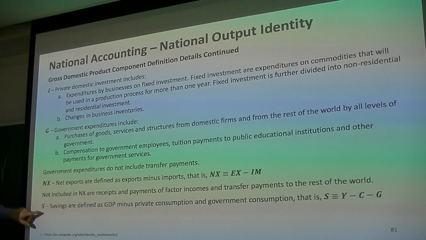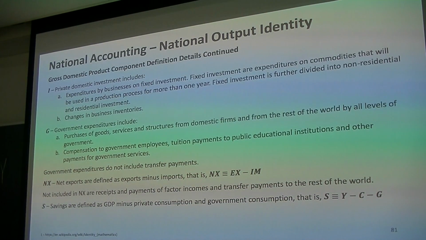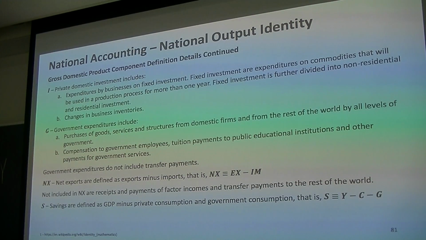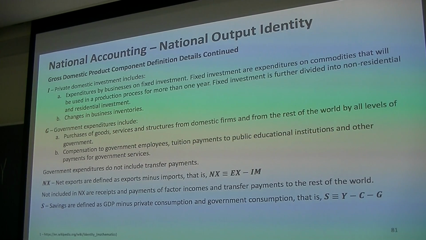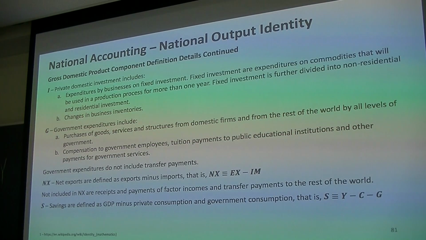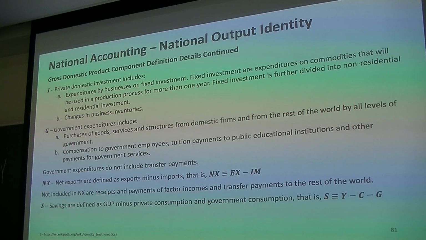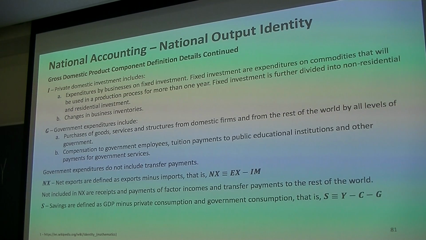Savings are defined as GDP minus private consumption minus government consumption. Again, it's an identity. It's output minus private consumption minus government consumption, so what's left over is savings.